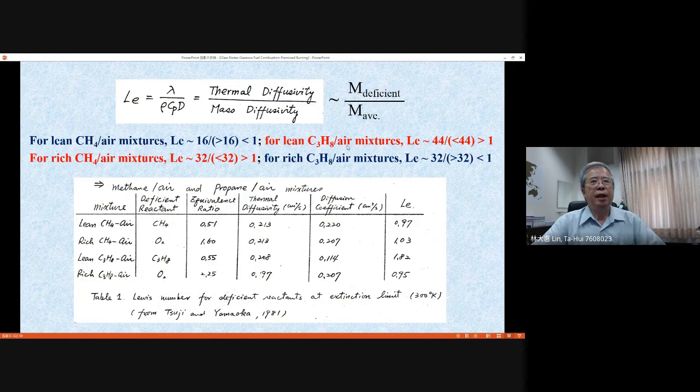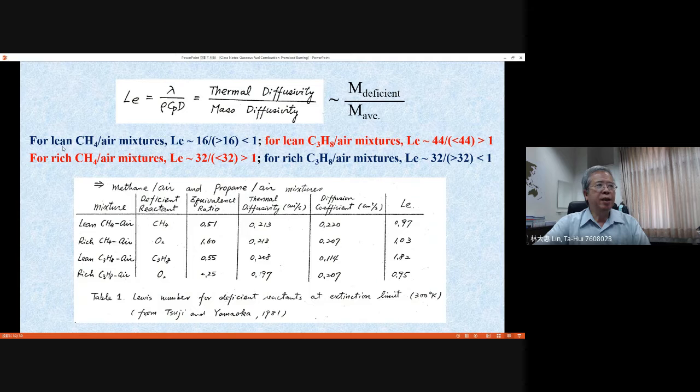Actually the air contains 28, molecular weight for nitrogen, and 32 for oxygen. Both of them are less than the 44 molecular weight of propane, right? Therefore, in the denominator, the value should be less than 44. Then here you can see the Lewis number is larger than 1.